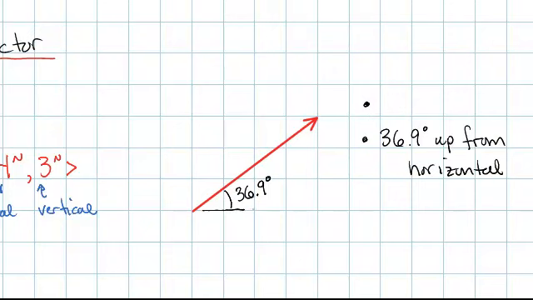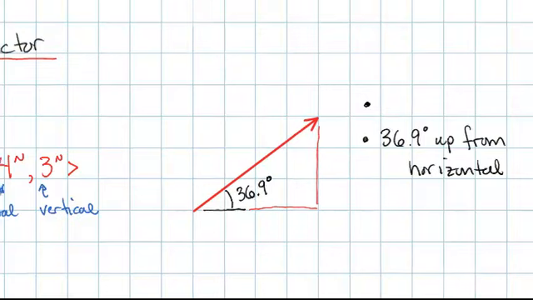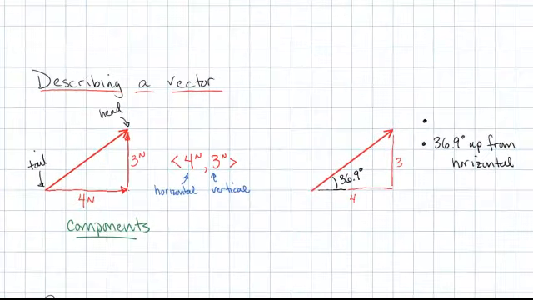In this case, because we can draw a triangle here, where the sides are 4 and 3, we can use the Pythagorean theorem: 4 squared plus 3 squared equals, let's call this A squared, eventually we would see that A equals 5. So the magnitude of this vector then is 5 newtons. This is known as giving the magnitude and direction.